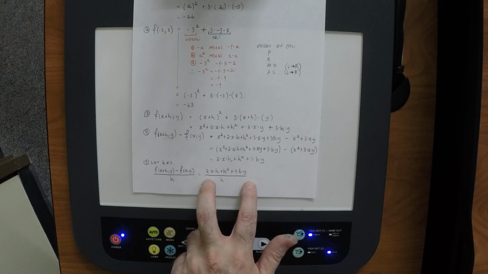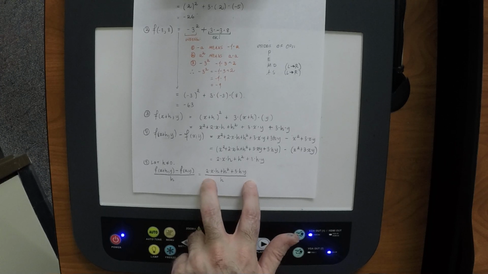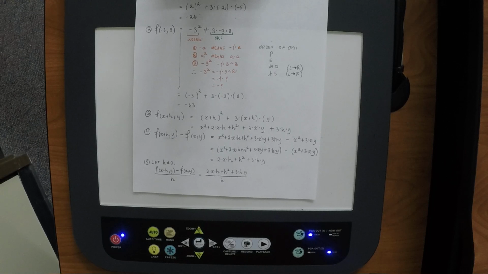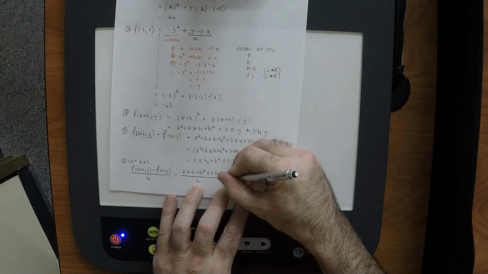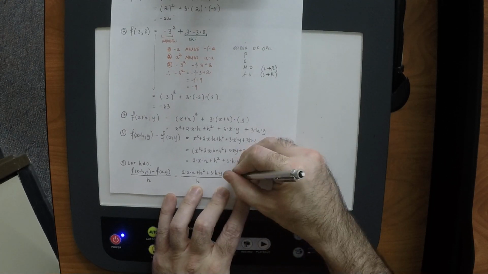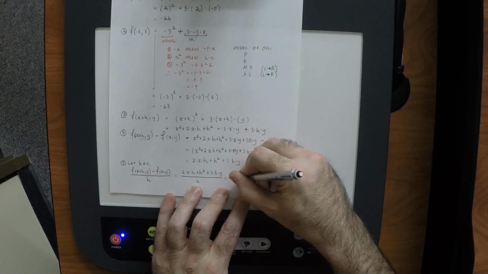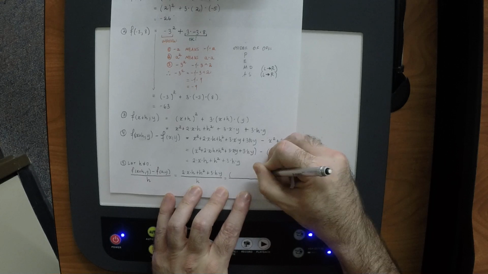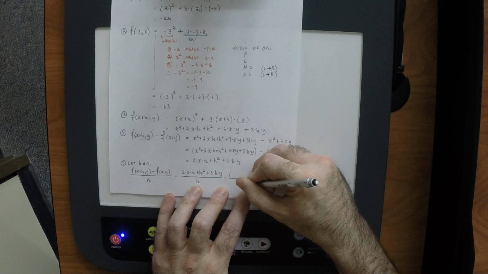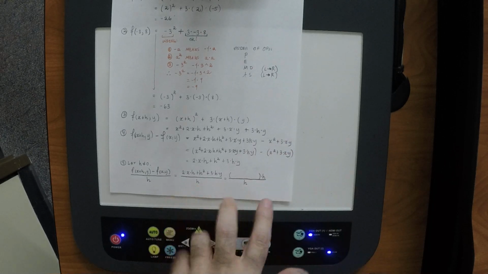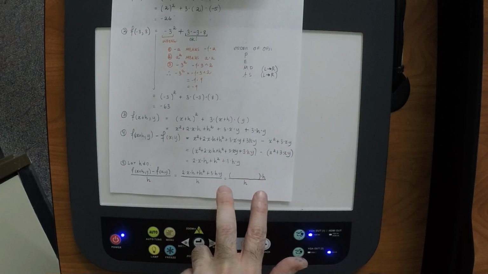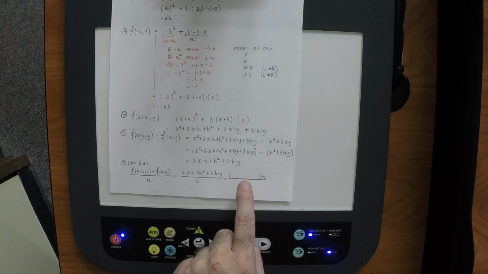Okay, so in the numerator, do you observe that every term has an h factor? So we could factor out an h in the numerator, and it would look like this. If we were to do that in the numerator, what do I have to write in the parentheses to make it right?